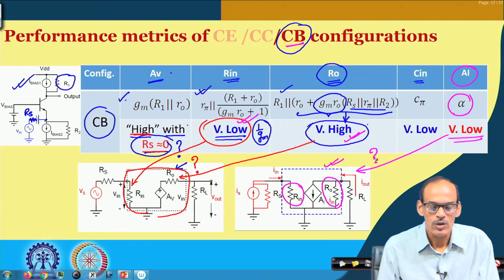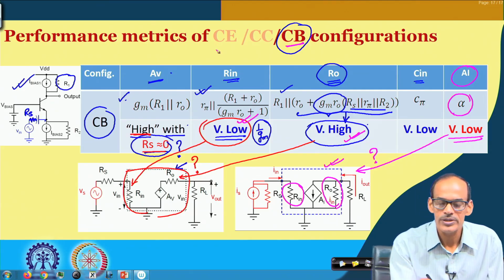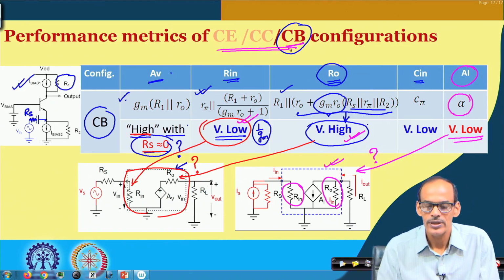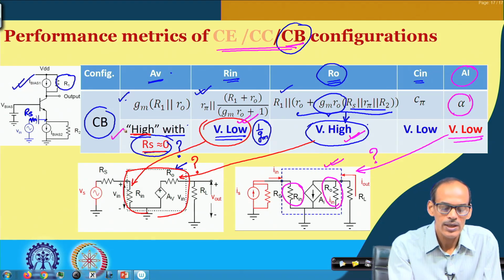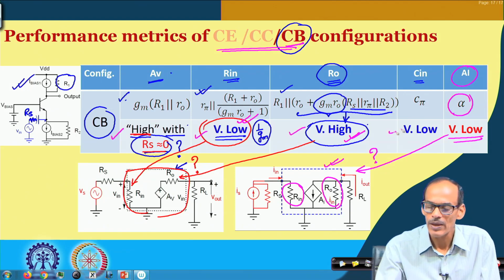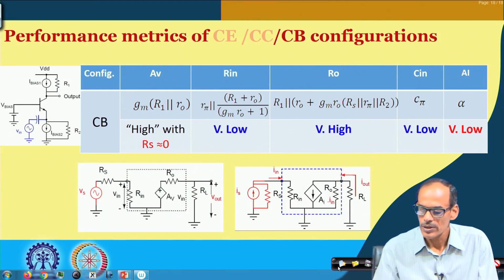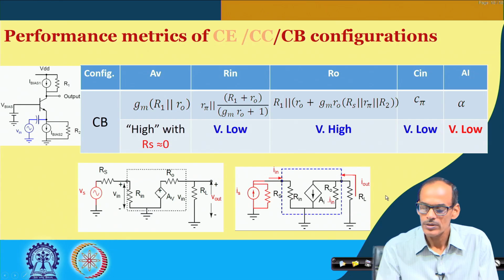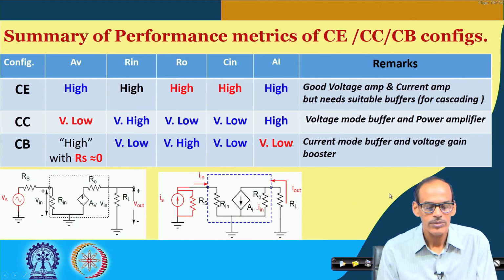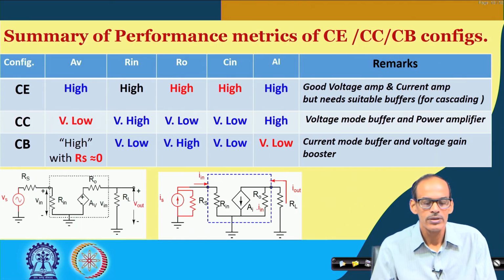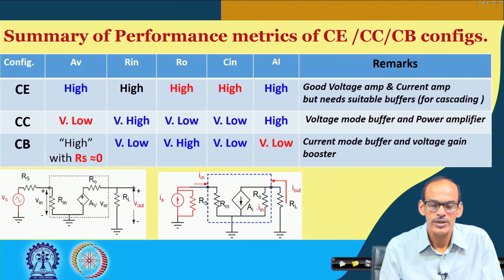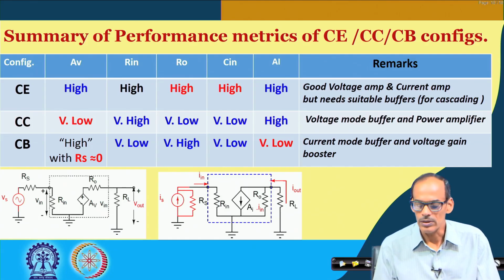So, if you put all these three configurations together, namely CE, CC and CB, and enlist the qualitative parameter values, if you consider them together, probably we can make a meaningful decision to see what kind of mixing of different configurations will be useful. So, here we do have the summary.